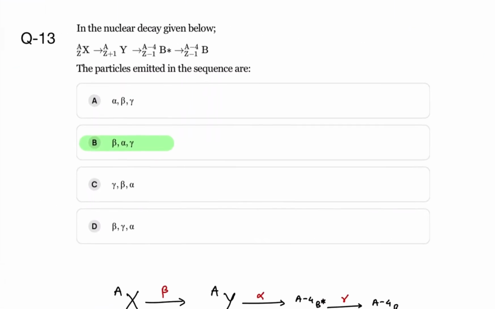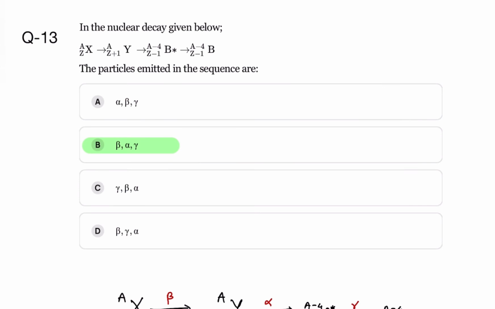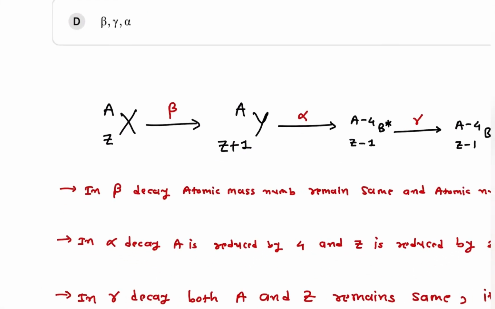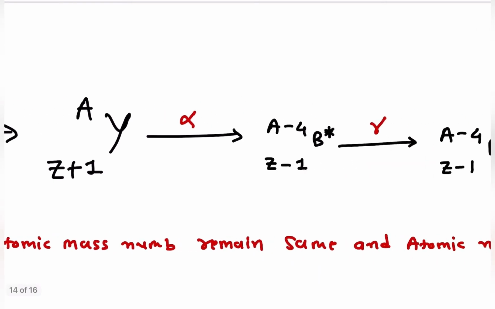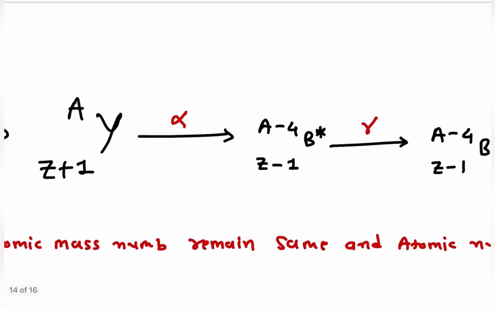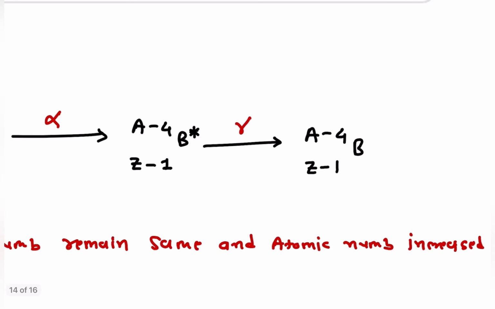Question number 13. In the following nuclear process, identify the correct sequence of alpha, beta and gamma decay. Which of the following is the correct sequence of particles emitted? Here X with A, Z becomes Y with A, Z plus 1, then it becomes A minus 4, Z minus 1 (B star), then A minus 4, Z minus 1 (B).